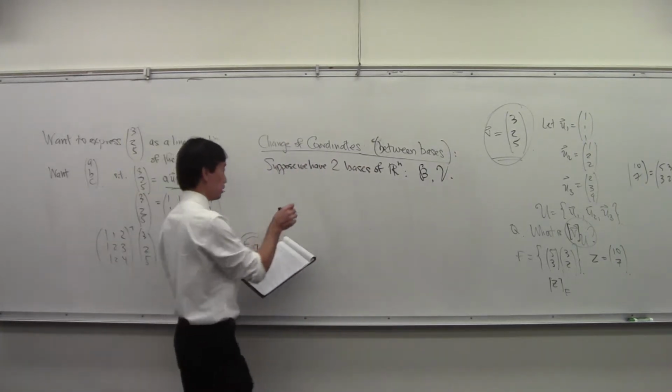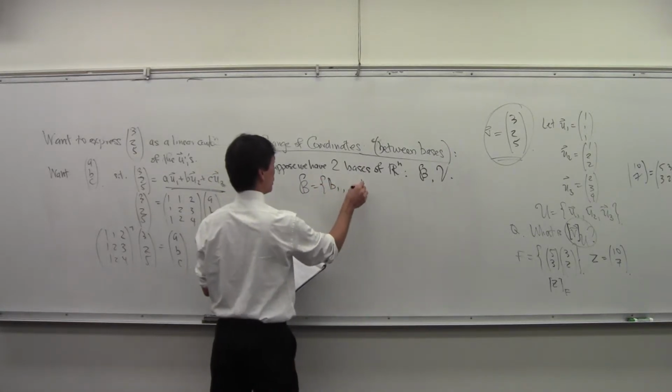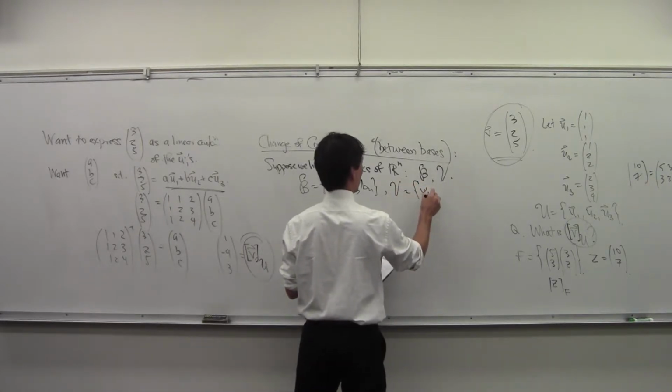Of course, B is going to be the vectors B1 to Bn, and U is going to be U1 to Un.